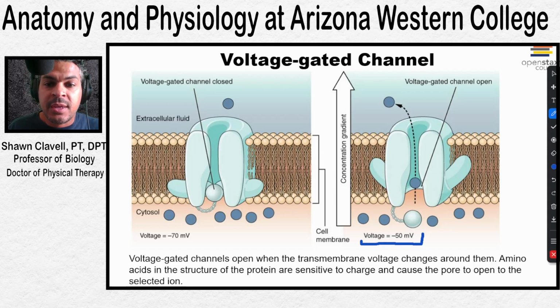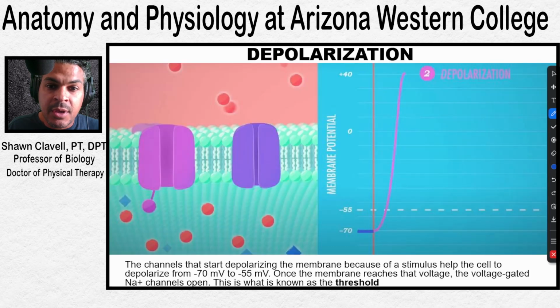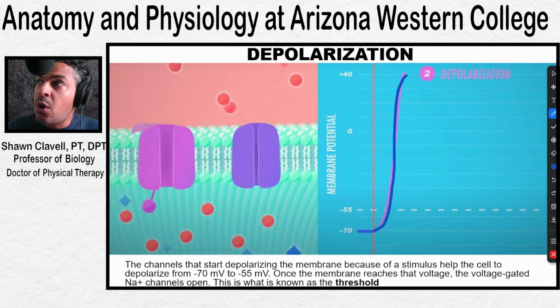So where the ligand gated channels demonstrated a small little response, the voltage gated channels, which are numerous across the cell, will then cause a large spike in depolarization.